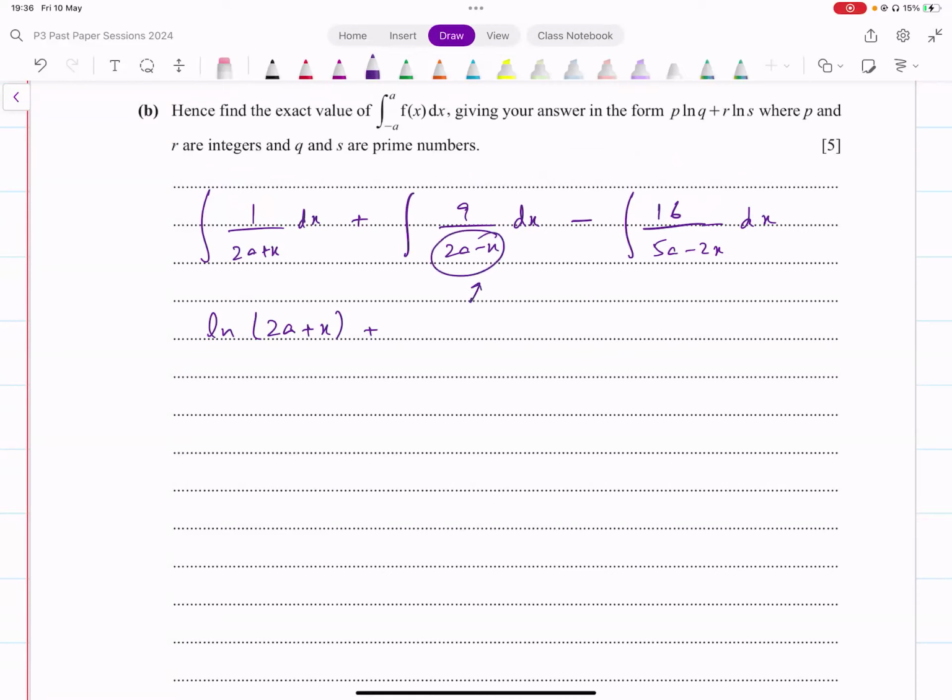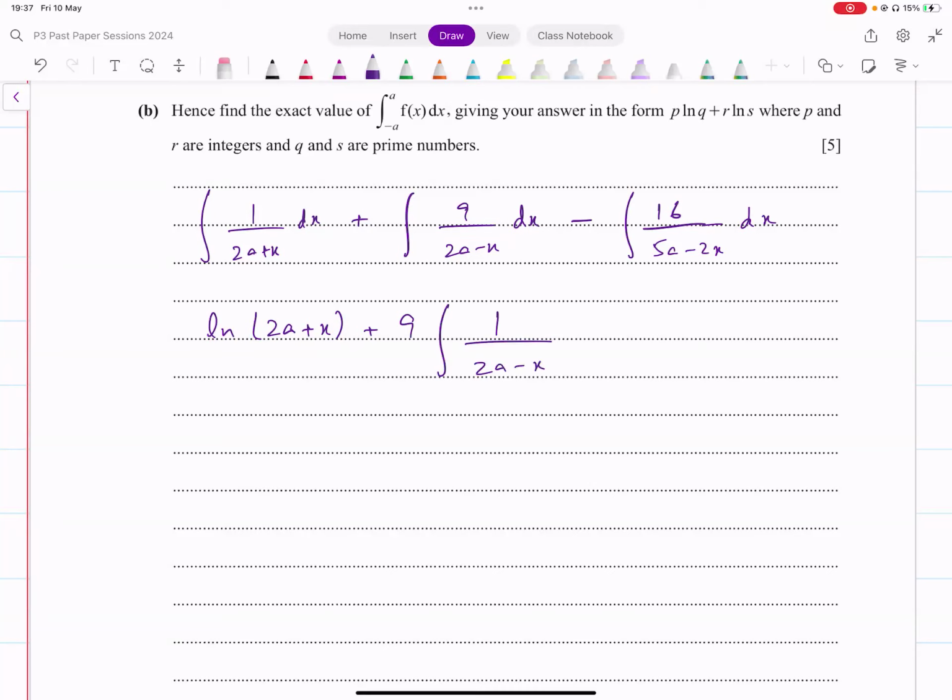Now, what about the second one? All of these are ln forms, right? We have x power 1 in the denominator, constant in the numerator. This is standard ln form. What's the derivative of 2a minus x? Derivative of 2a minus x is minus 1. We want minus 1 in the numerator. What we can do is, first of all, let's write 9 outside. That leaves us with 1 over 2a minus x inside.